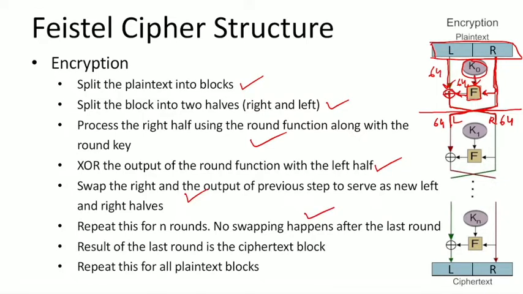This n is specific to a block cipher. For example, DES, which we will take a look at in a while, has 16 rounds. So n is equal to 16, which also means we will need 16 round keys. Again, here the right half goes to the round function along with the round key.